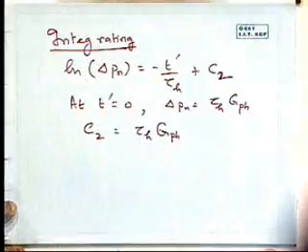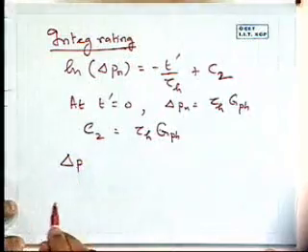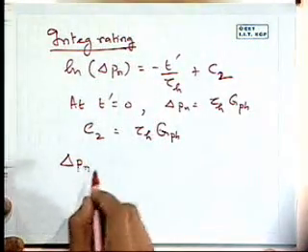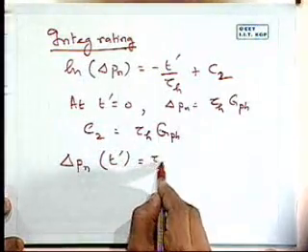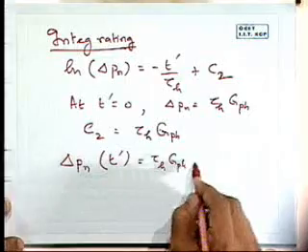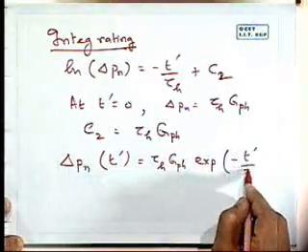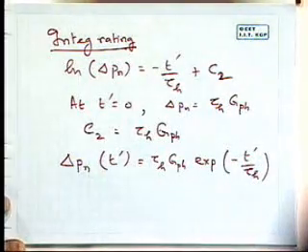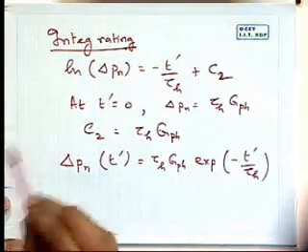So my equation for the decay of the excess minority carriers after I switched off the illumination, in terms of t', comes to be tau_h G_PH exponential minus t' by tau_h. Very similar equation to the other one, except that this is a decay, it's not increasing.